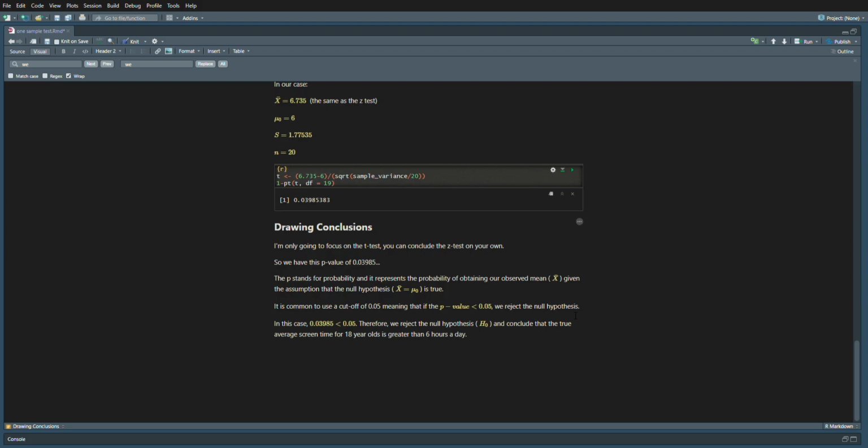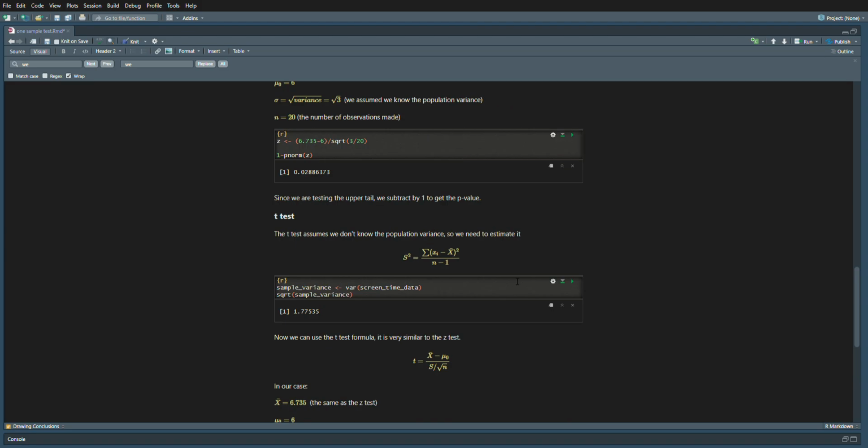If it's greater than 0.05, we fail to reject the null hypothesis. In this case, 0.03985 is less than 0.05. Therefore, we reject the null hypothesis, H0, and conclude that the true average screen time for 18-year-olds is greater than 6 hours a day.